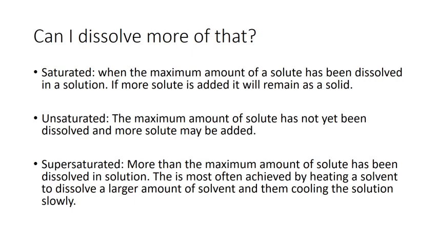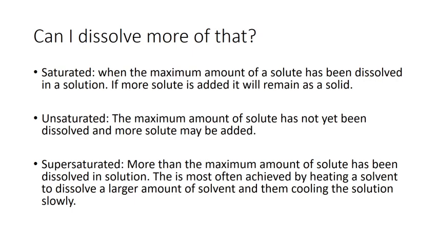And then some definitions of some solutions. We have three types of solutions, one of them being saturated, and this is where the maximum amount of a solute has been dissolved in a solution, and if more solute is added, it will not dissolve, it will remain as a solid.